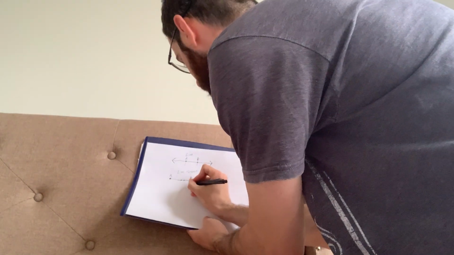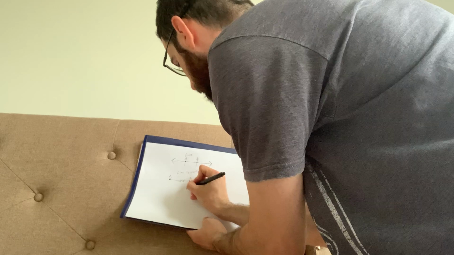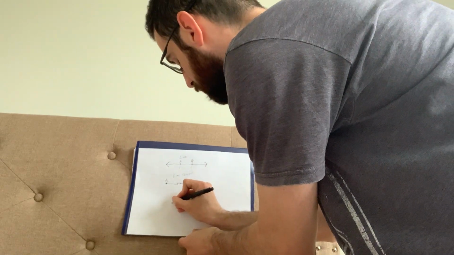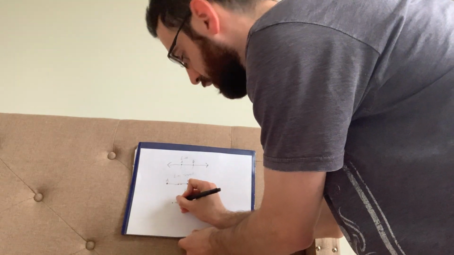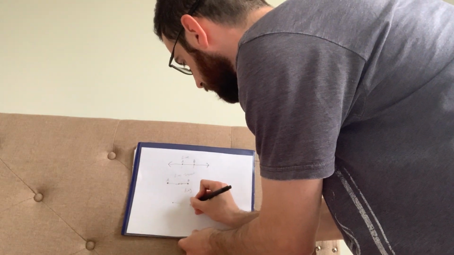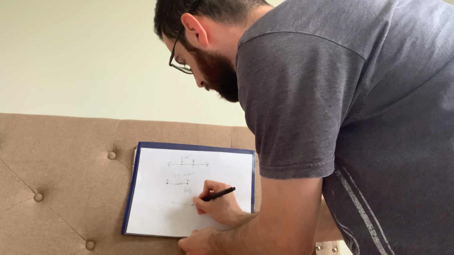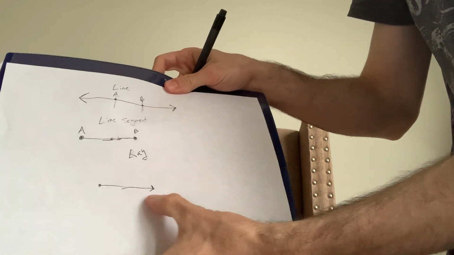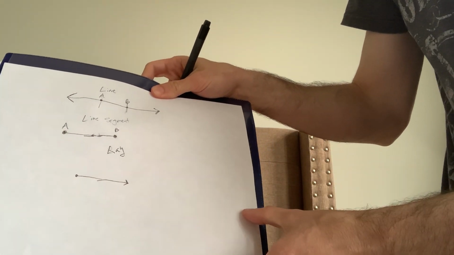And then the last type is a ray. Now, a ray has the one point or dot and then the one arrow, okay? So it's almost like it's jumping off from a point and then it can keep going on and on.